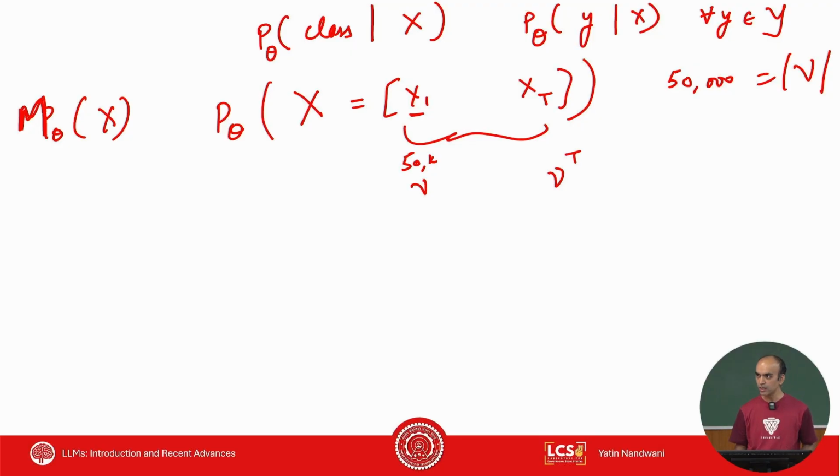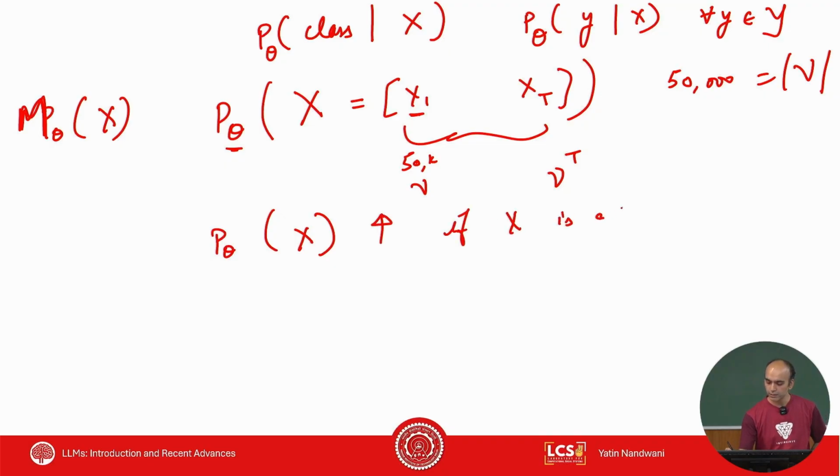If I have a random model, it will assign almost equal probability to all of those. But all of these are not valid sentences in a language, be it English, be it Hindi, be it a programming language. So what we are modeling is that we want our parameters theta to be such that the probability it assigns to a sentence is high if X is a valid sentence.